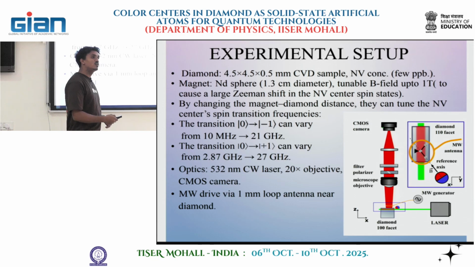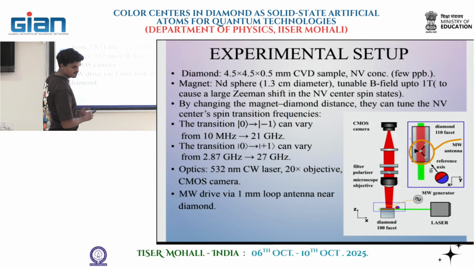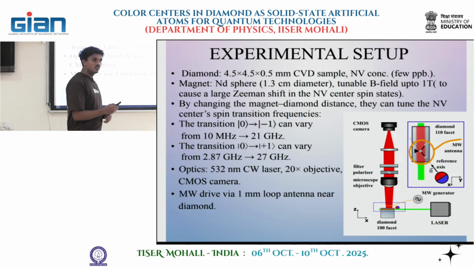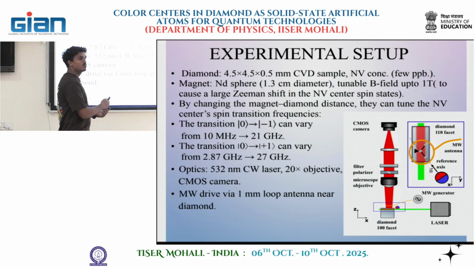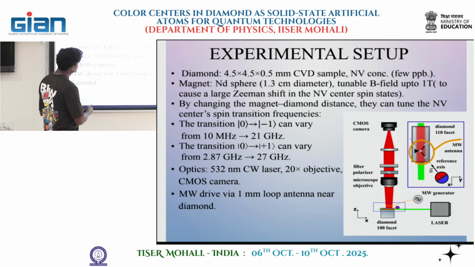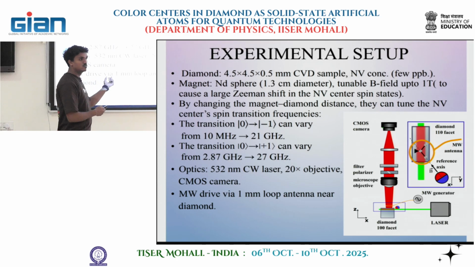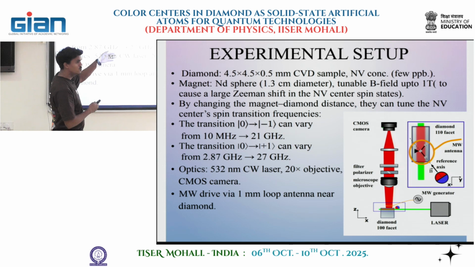After that, when we apply the microwave, it flips the ground state population between 0 and ±1, and with the laser applied it flips continuously, decaying via the excited state to an intermediate state called the metastable state, and then we finally get back to 0.